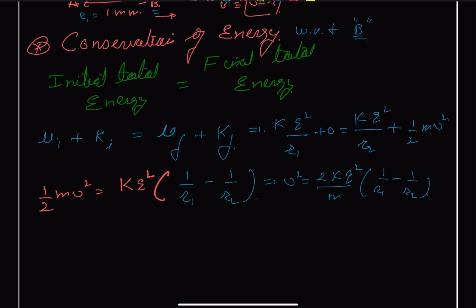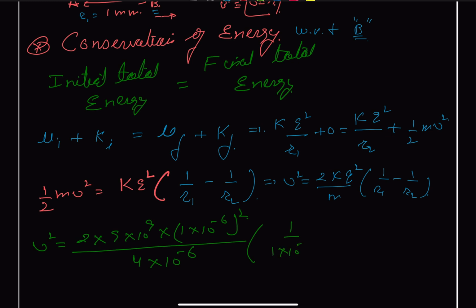We know all the values, so we substitute them. v square will be equal to 2, value of k is 9 into 10 to the power 9, and charge is given as 1 microcoulomb, so 1 into 10 to the power minus 6 whole square, and mass is given as 4 micro kg, 4 into 10 to the power minus 6, and our R1 is in millimeter, so this comes as 1 upon 1 into 10 to the power minus 3 minus 1 upon 9 into 10 to the power minus 3.